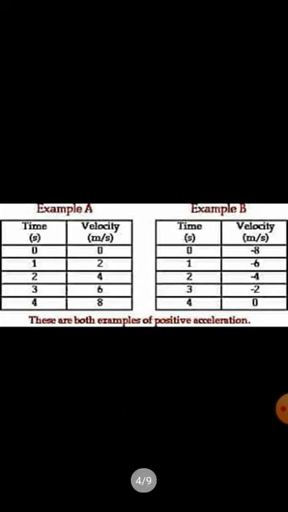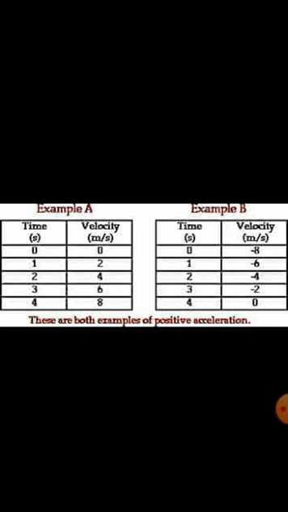Now, if you consider the final velocity of a moving object is more than the initial velocity, that is, v is greater than u, then the change in velocity v minus u is positive.